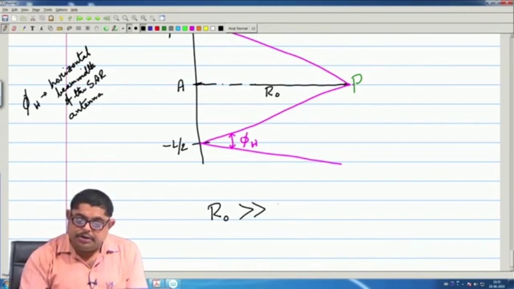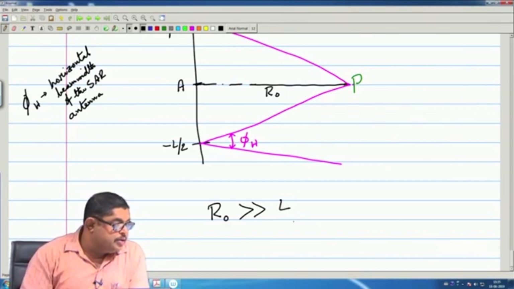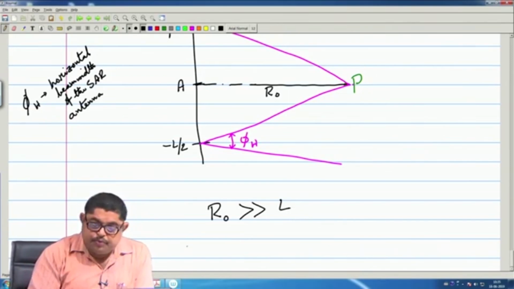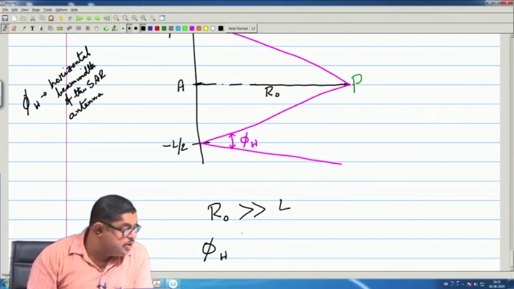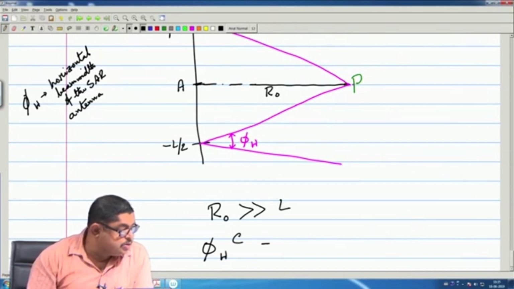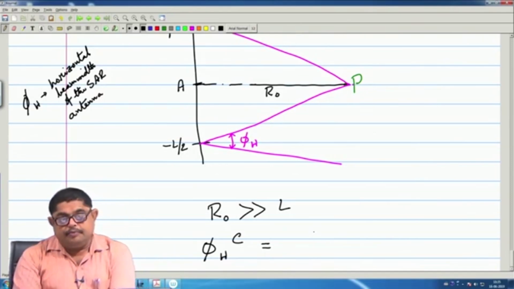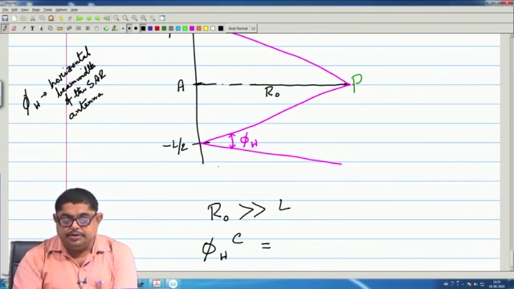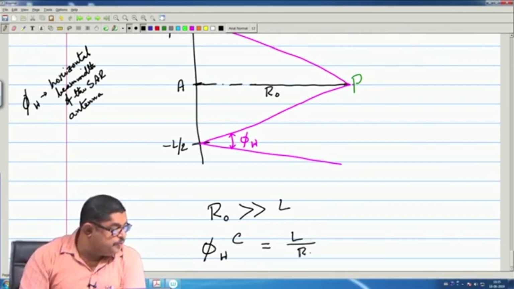So, R naught is much greater than L. So, phi h in radian, so from this geometry easily I can say L by R naught.